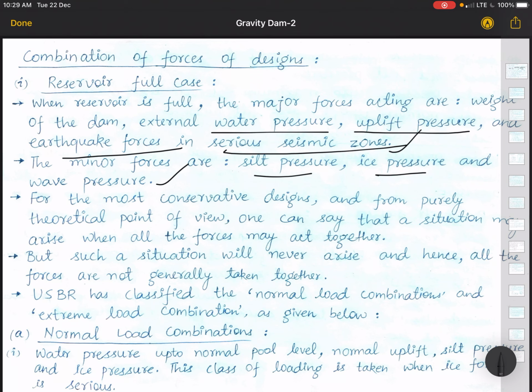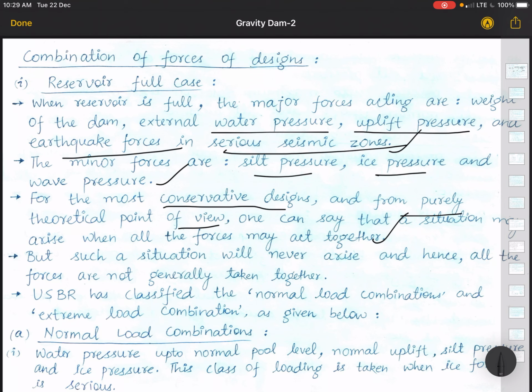For the most conservative design, meaning we take the forces conservatively and overestimate them, our design will be costly but safe. From a purely theoretical point of view, a situation may arise when all the forces act together, but this will be very rare.